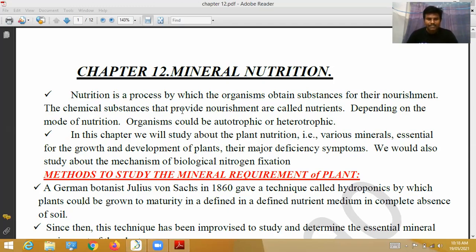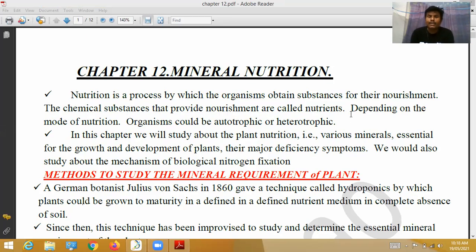The chemical substances that provide nourishment, whether feeding or nutrition, are called nutrients.